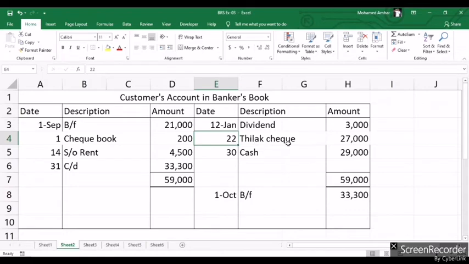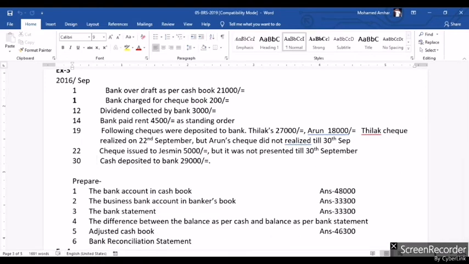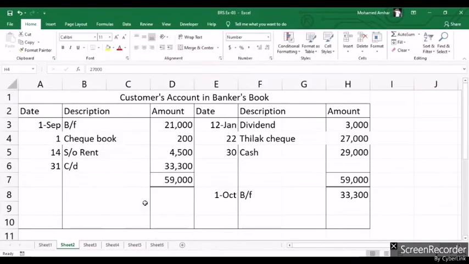Right. Next, after the 14th, the date is the 22nd. On the 22nd, a check received from Tilak is realized. So 27,000 cash would have been received into the account. That should be shown in the banker's account.